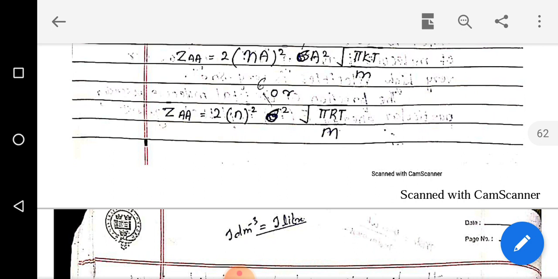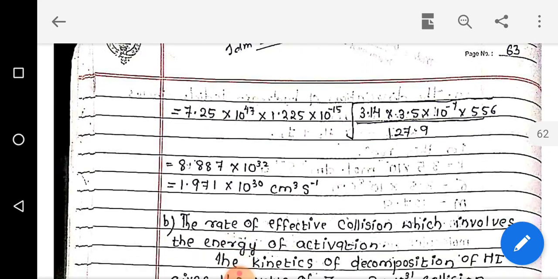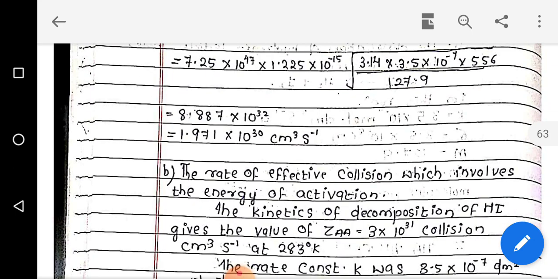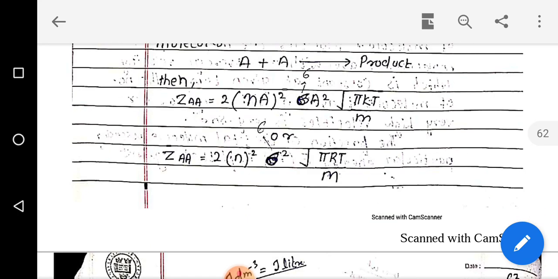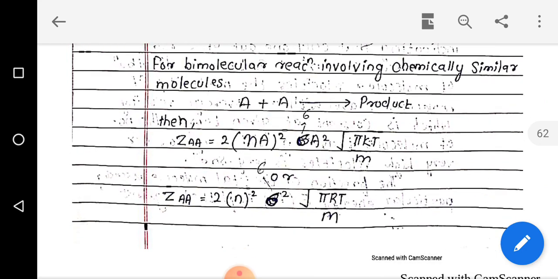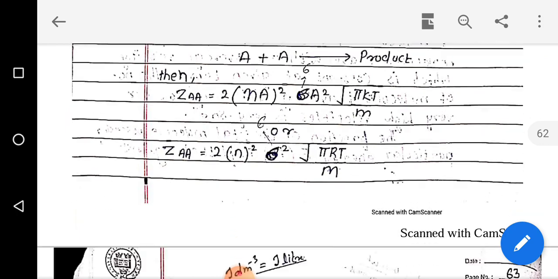So this is all about the equations, and we are putting the values again in these equations. We will get the simplified answer, that is 1.971 into 10 to the power 30 centimeter cube per second. So this is another way to explain and find out the value of ZAB.